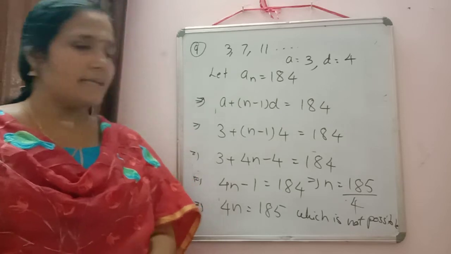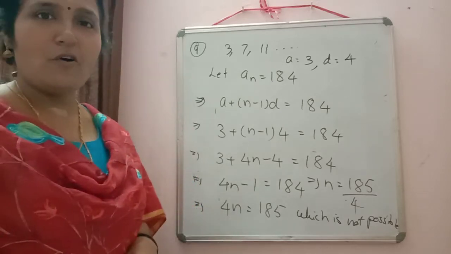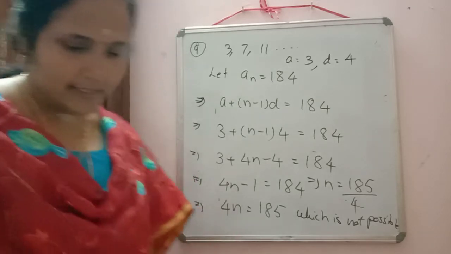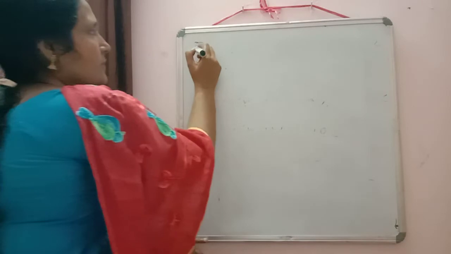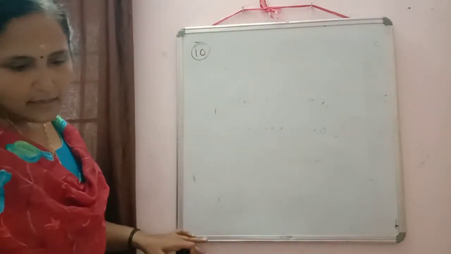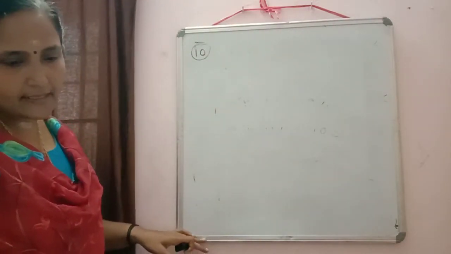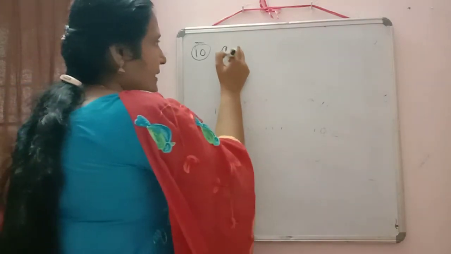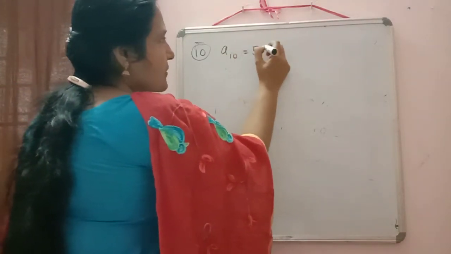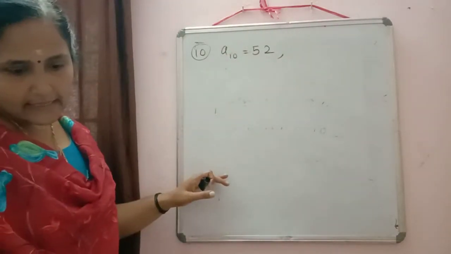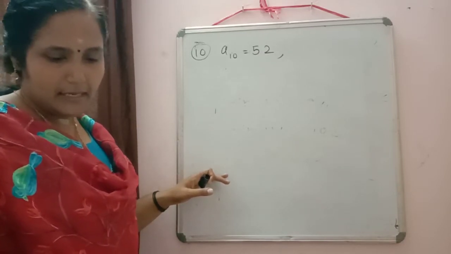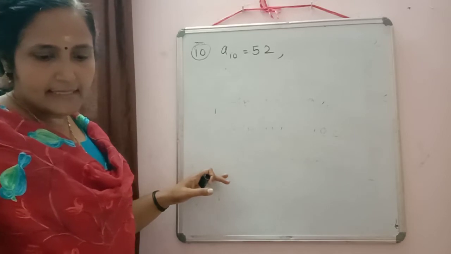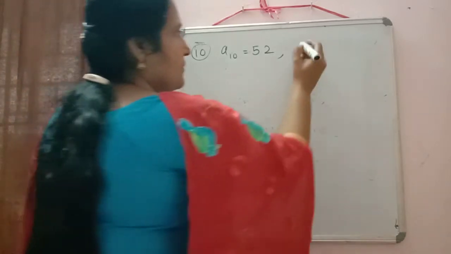One more question we will discuss, so 10 questions will be over there. Write down the next question, question number 10. The 10th term of the AP is 52, so we'll write A10 is equal to 52. The 16th term is 82.